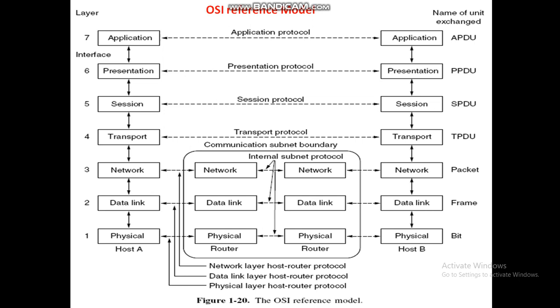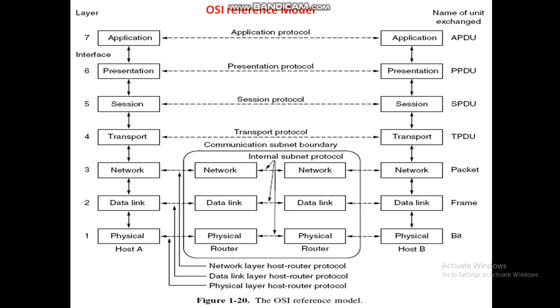The physical layer, data link layer, and network layer are the lower layers, and the application layer, presentation layer, and session layer are the upper layers. The upper layers have higher numbers and the lower layers have lower numbers. The lower layers are closely associated with the hardware, and the upper layers are mostly associated with the software side.